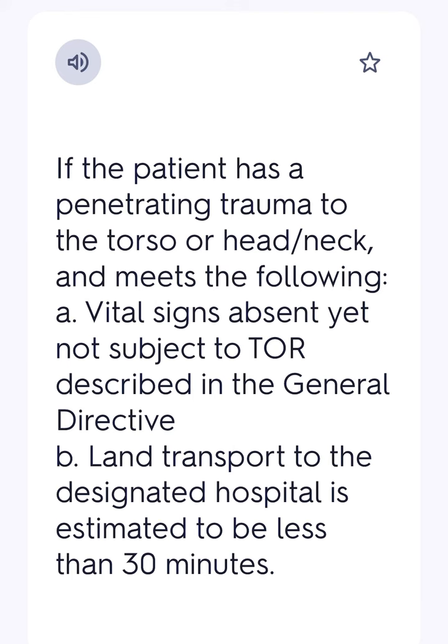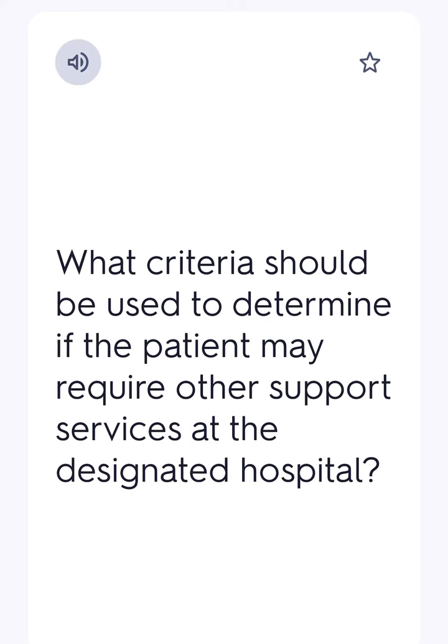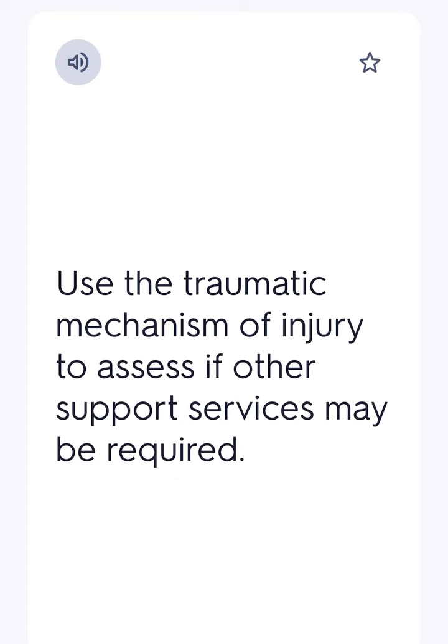B. Land transport to the designated hospital is estimated to be less than 30 minutes. What criteria should be used to determine if the patient may require other support services at the designated hospital? Use the traumatic mechanism of injury to assess if other support services may be required.